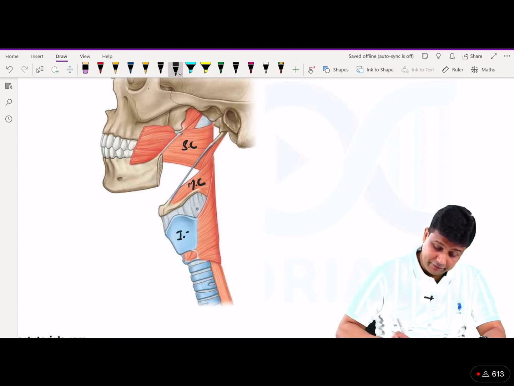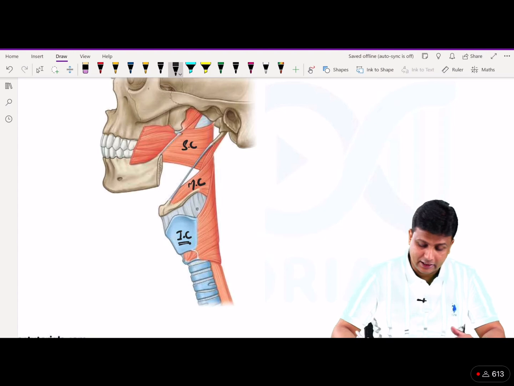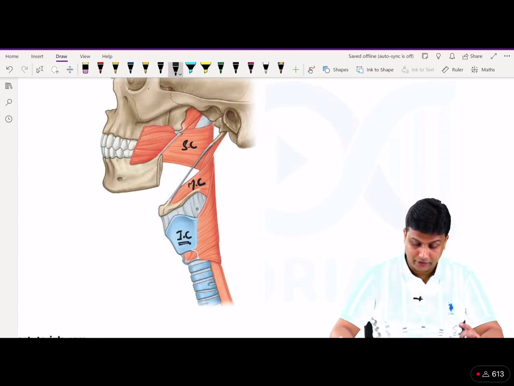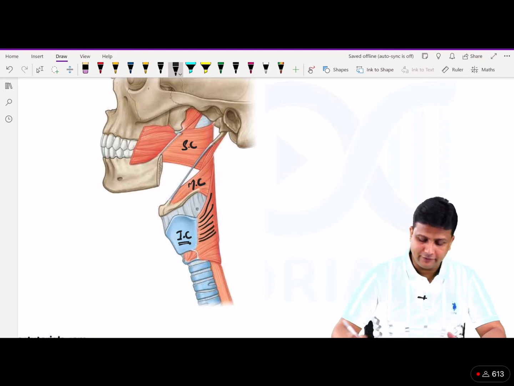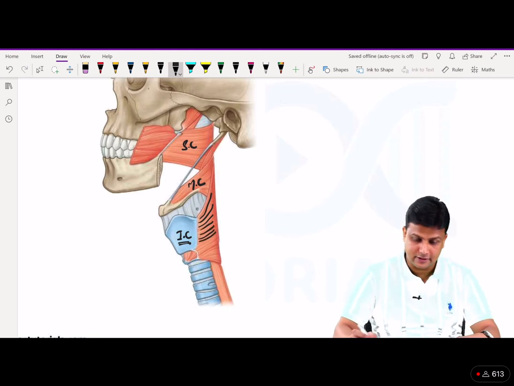But now this inferior constrictor muscle in turn has 2 parts. Number one, you are able to appreciate here, this is the thyroid cartilage, and from the thyroid cartilage, these oblique fibers which are going to the pharyngeal raphe behind, that is nothing but thyropharyngeus muscle.